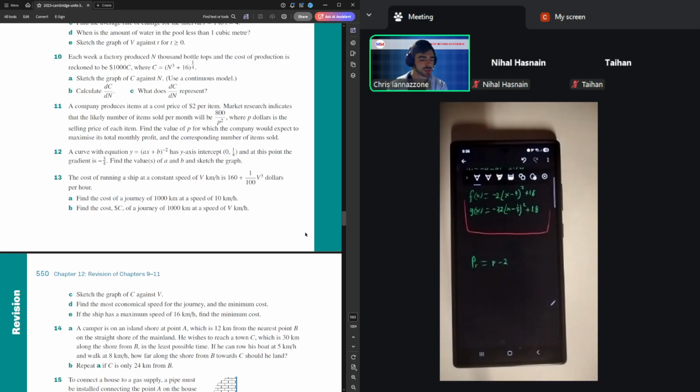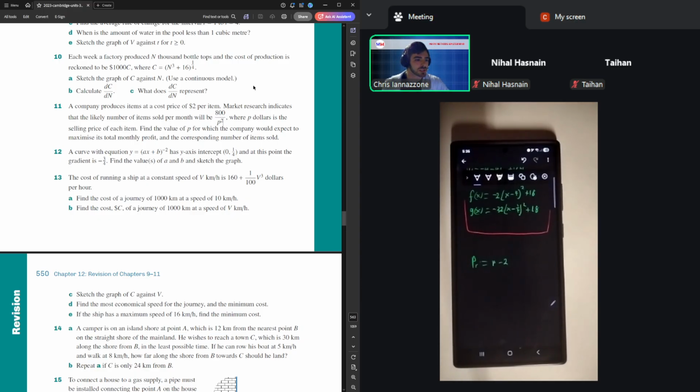We've used the $2 and we've used P as the sell price. We've still got this 800 over P squared here. Number of items sold per month is going to be 800 over P squared.